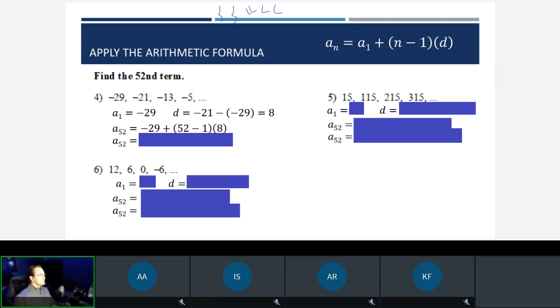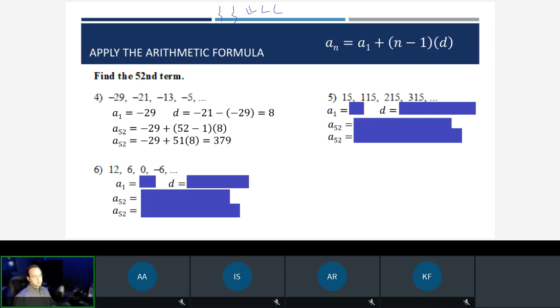Okay, number 4. What is the 52nd term? 379. Let's see if that's right. That sounds right. 379. Good. Number 5.